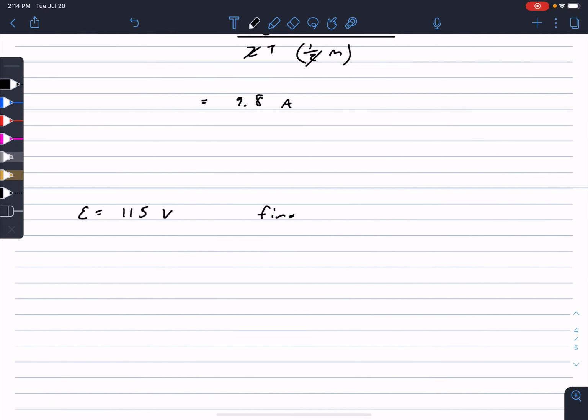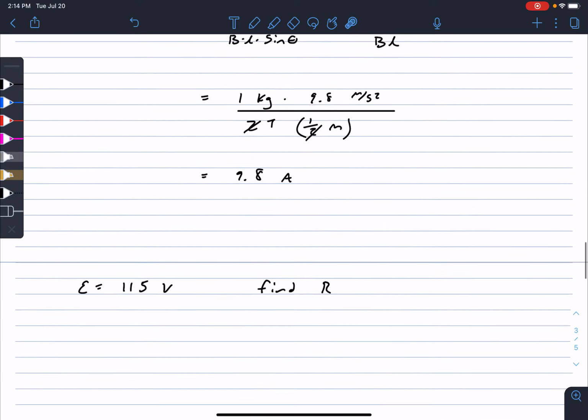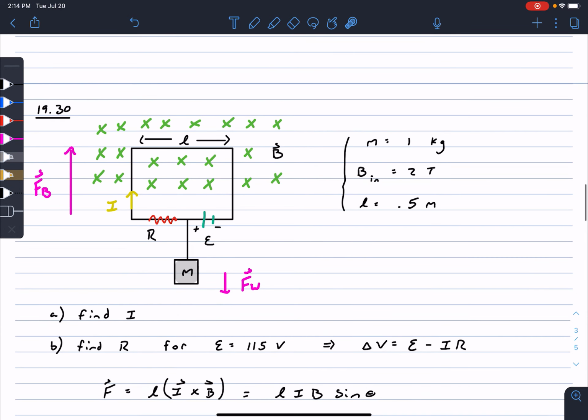So find R. Well, what we can do is use Kirchhoff's rules, right? We can't really use anything for the current. There are no junctions, but we can use around a loop, the sum of all potential differences must equal 0.